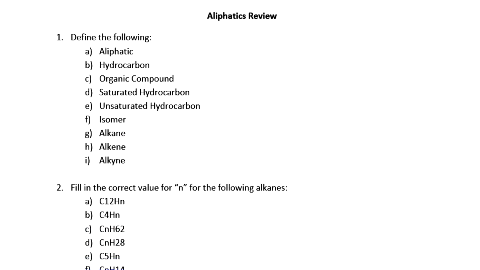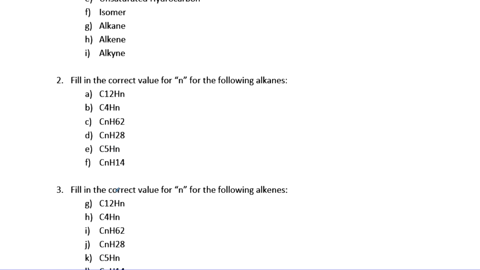When you get to questions 2, 3, and 4, they're all kind of the same idea. Basically, you're filling in the molecular formula. It'll either tell you how many carbon atoms it has or how many hydrogen atoms, so you just use the general formula.